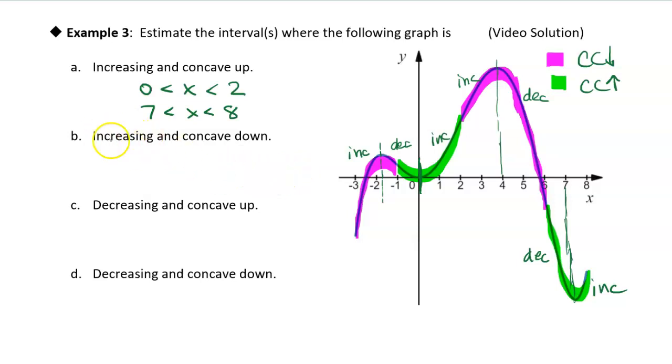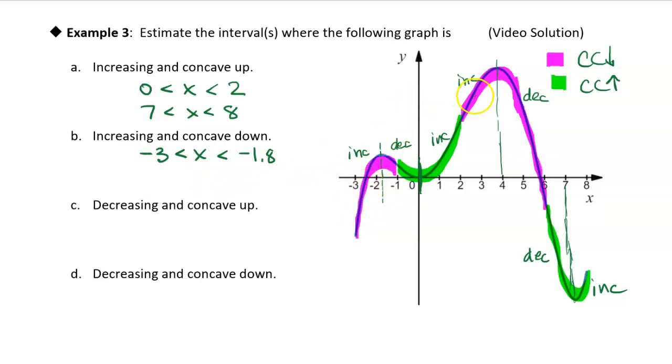Let's now look for the places where it's increasing and concave down. We're looking at the pink portions of the curve because those are the places where it's concave down. We can see right away the interval from -3 to about -1.8 roughly. It's increasing and it's concave down, curved downward.